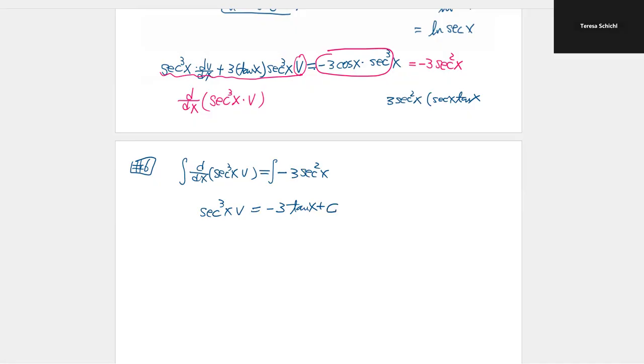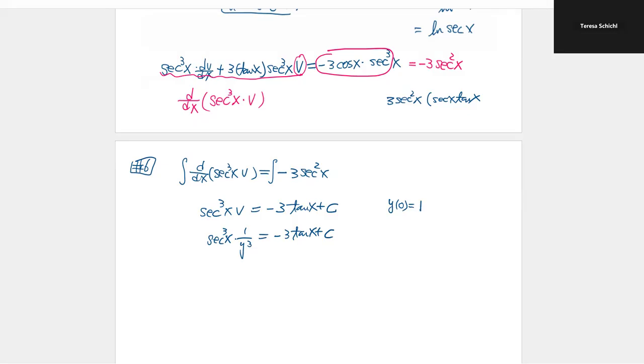Now the v here is y cube, right? So we'll say secant cube x times v is 1 over y cube. So 1 over y cube is equal to negative 3 tan x plus c. Now let's plug in the initial condition y(0) equal to 1.